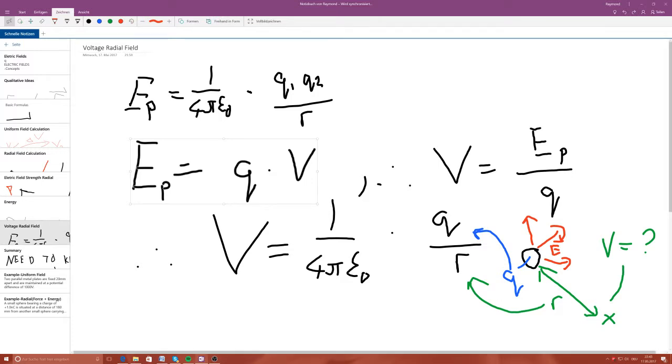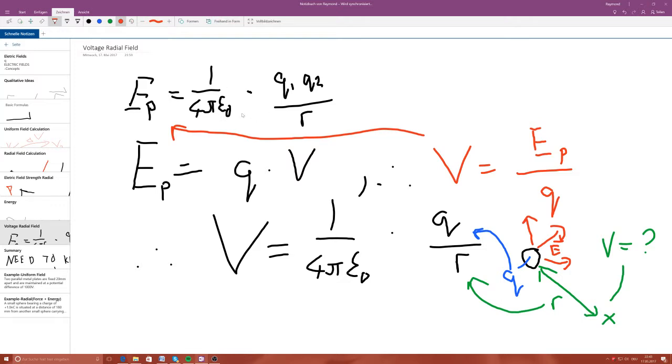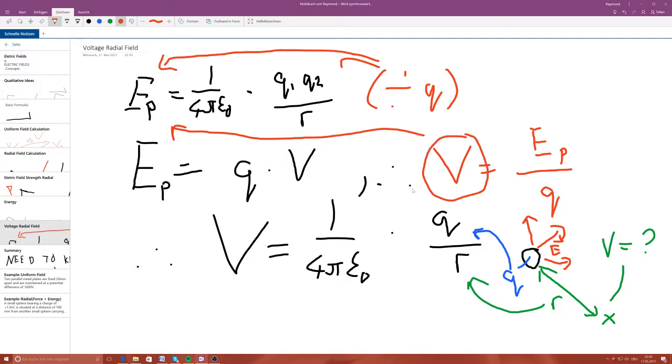If we rearrange that, we of course get V equals E divided by Q. We can then apply this to the energy formula: if we divide both sides of the equation by Q, on the left side we get the voltage, which is what we want, and on the right side we simply take away one of the charges, and we end up with the equation shown here.